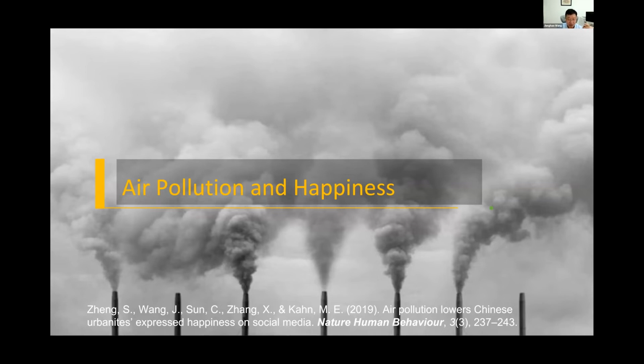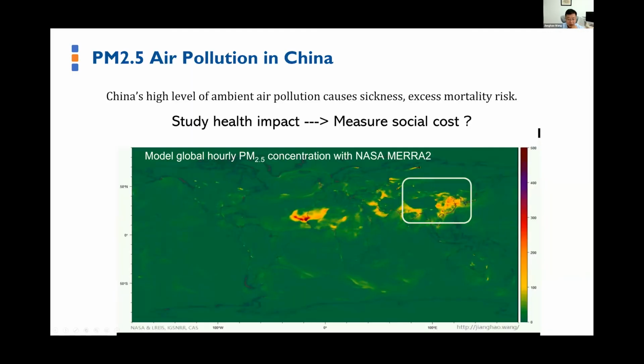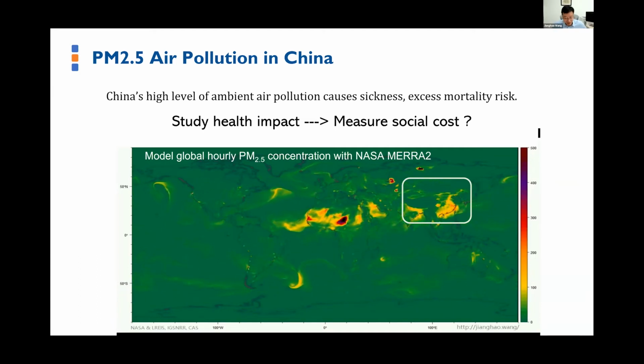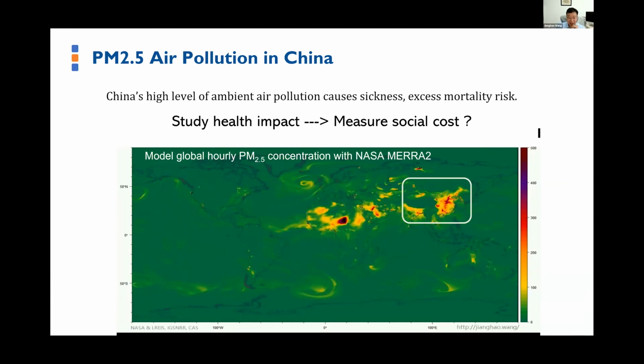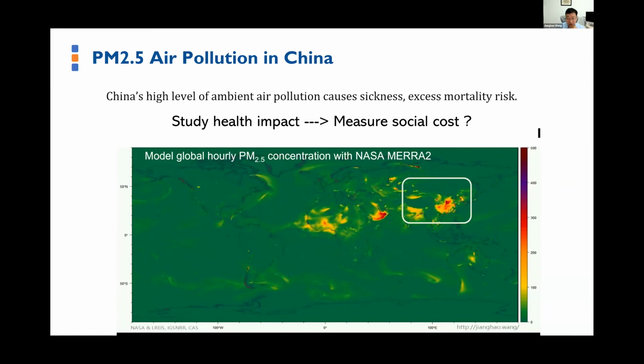This idea is very similar to the previous studies, because it is well known that as the largest developing country, China has a significant air pollution problem. High levels of ambient air pollution have caused sickness.